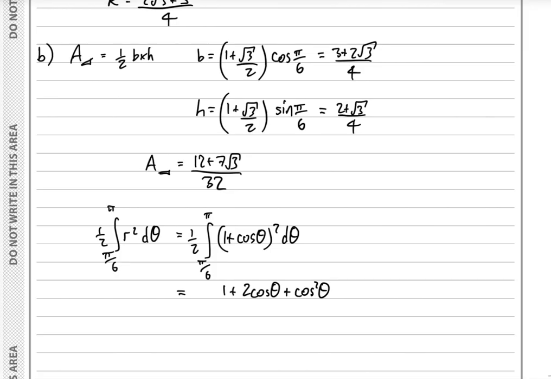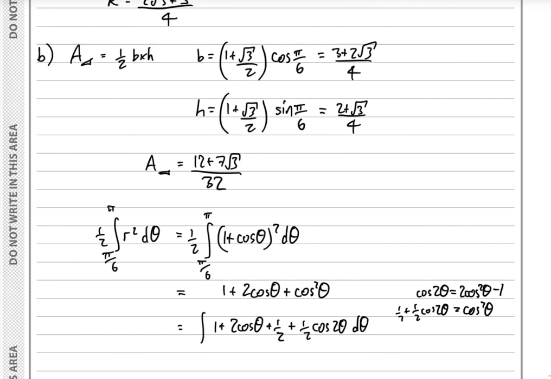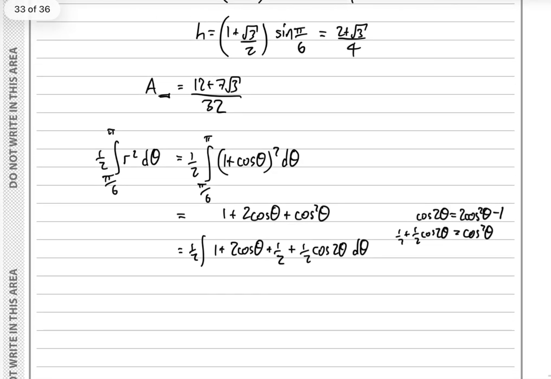Now cos squared theta, we're going to need a double angle formula. Cos 2 theta equals 2 cos squared theta minus 1. So that will be a half plus a half cos 2 theta to give me cos squared theta. So that will be the integral of 1 plus 2 cos theta plus a half cos 2 theta d theta, with a half in front still.